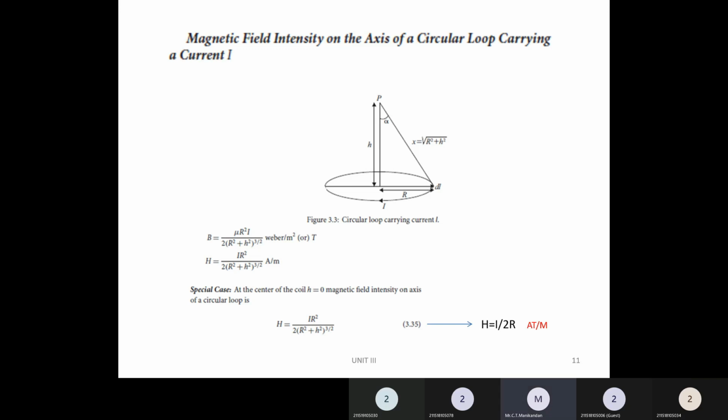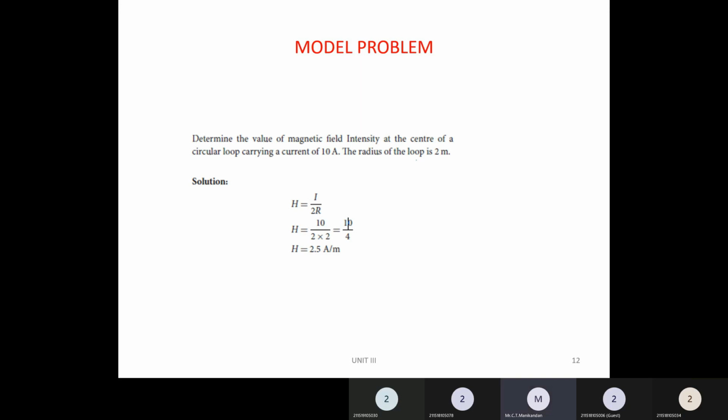If you put H equal to 0 in that equation and simplify, you will get H equal to I by 2R, ampere turns per meter. So you can simply calculate the magnetic field intensity and flux density.